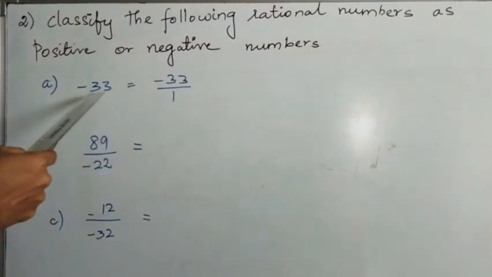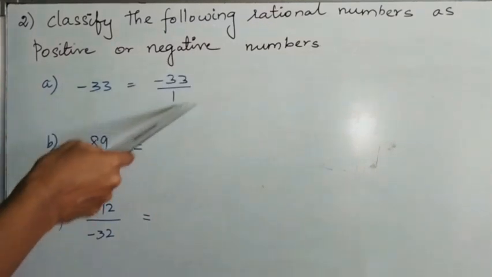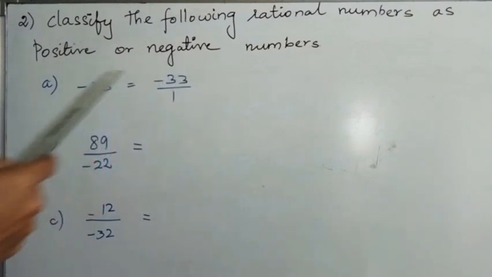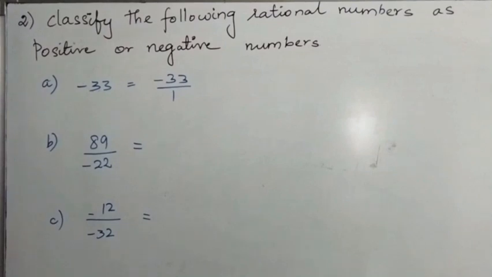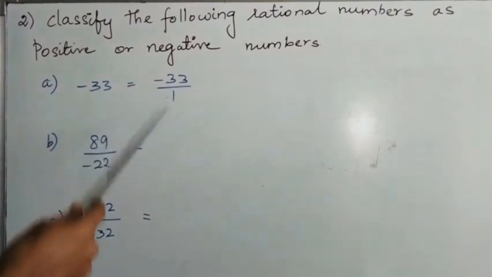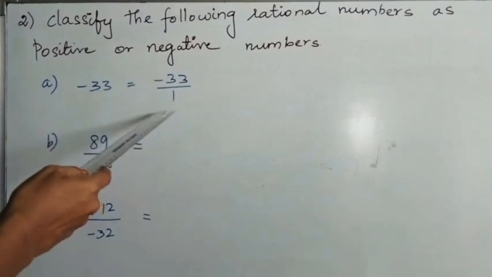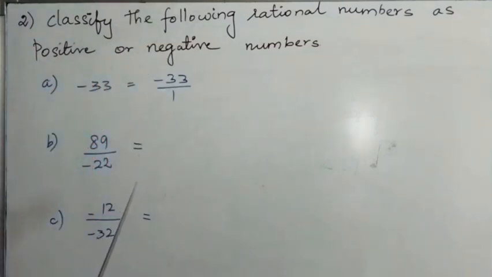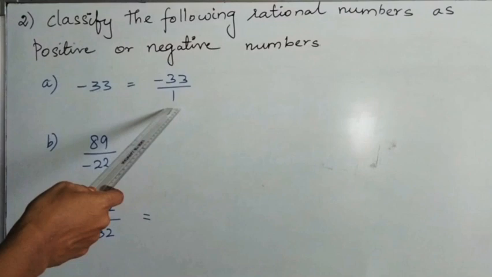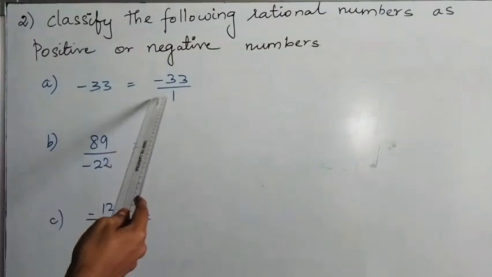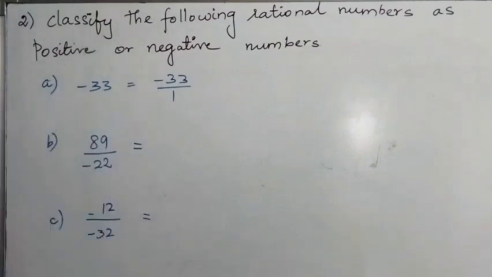See here. So minus 33, how do we write it in rational form? That is a fraction form. That is minus 33 divided by 1. Yes, so it is P by Q form. Yes, that is the definition of rational form. And the denominator is 1, so 1 has a plus sign, that means it is positive.